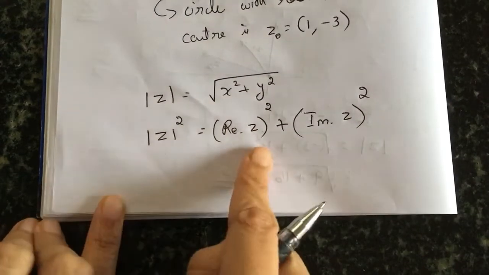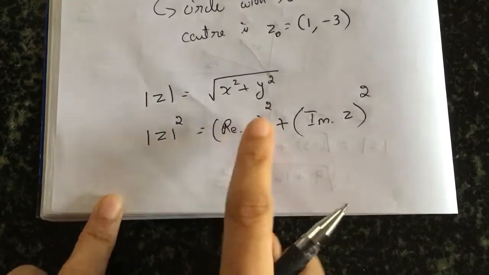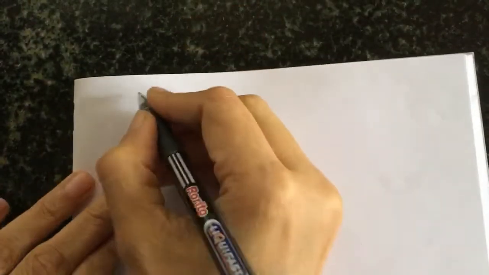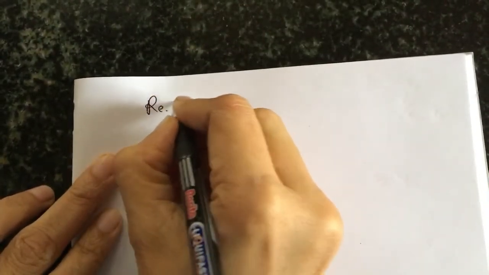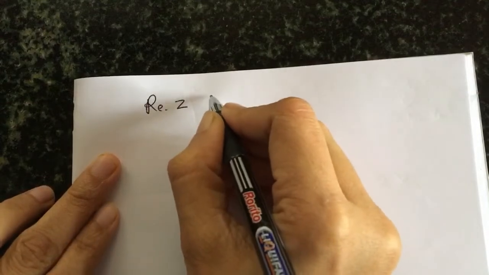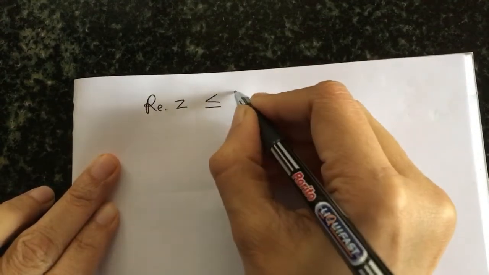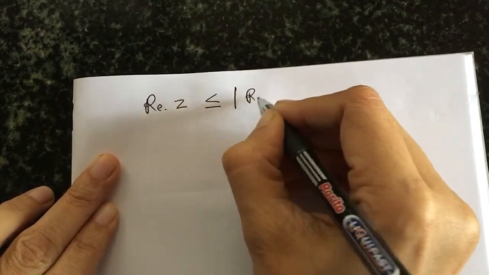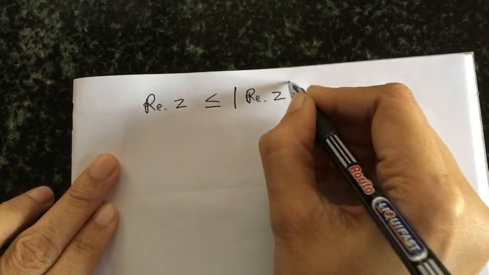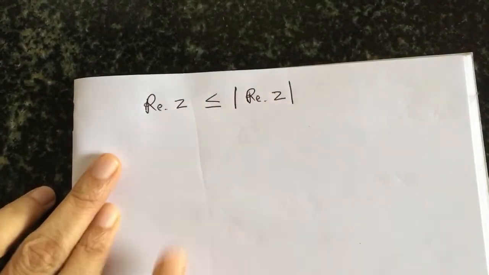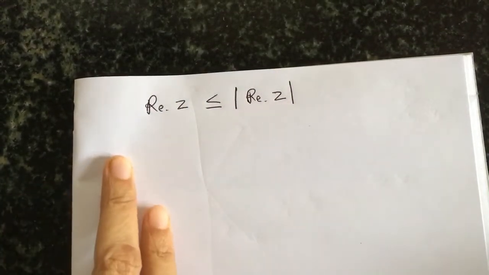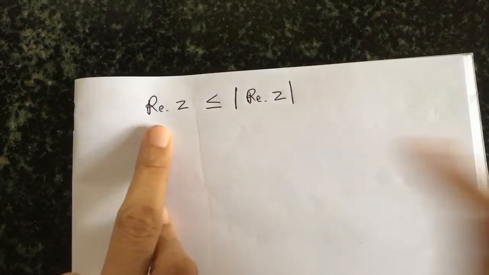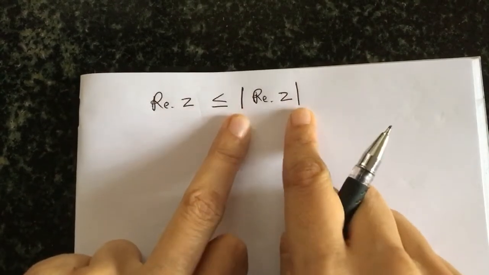And you can observe one more thing: the real part of z is always less than or equal to the modulus of the real part of z, because modulus always takes a positive value.